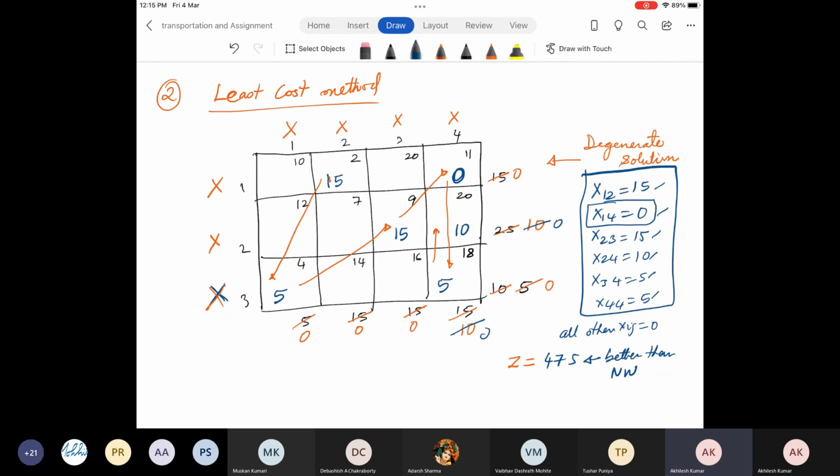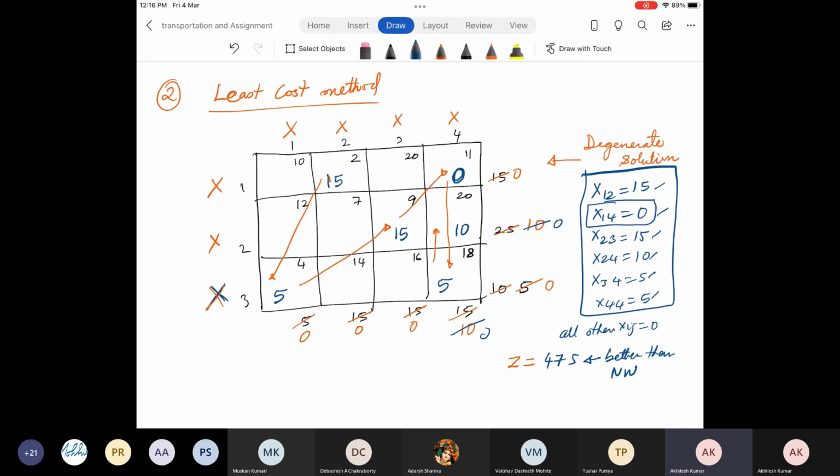So the criticism of this method is, although it is better than Northwest, it takes into account the cost, but only the current cost, not the future cost. Do you understand this statement? It only takes into account the current cost, the current iteration.